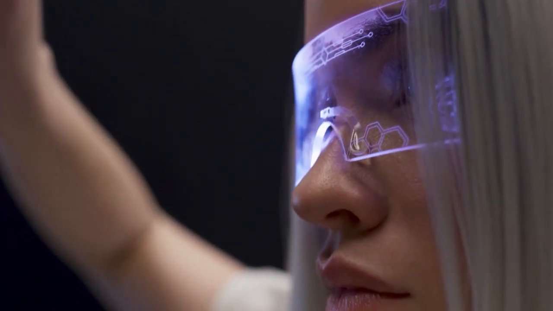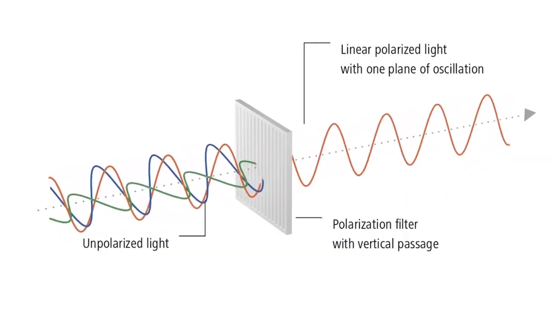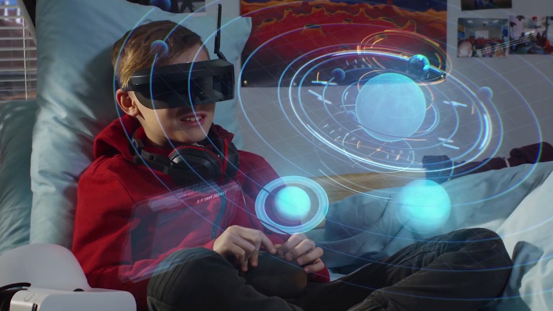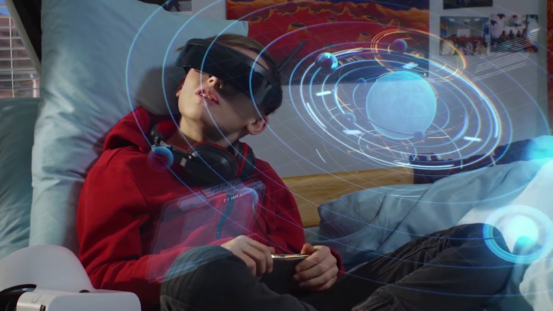The way these glasses function is by taking the photons that are emitted from the screen and restricting the vibrations to just one particular direction, and that cancels out all the noise to produce a 3D image. That's basically the concept behind polarization.